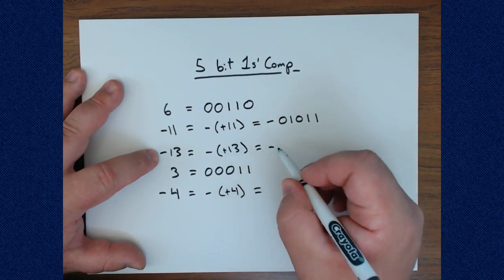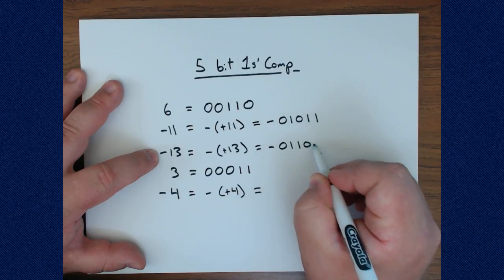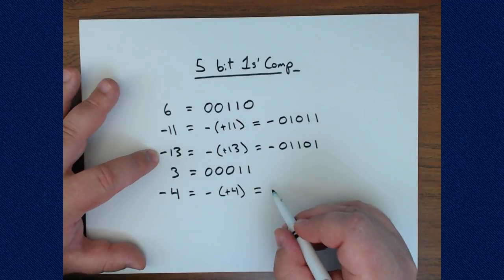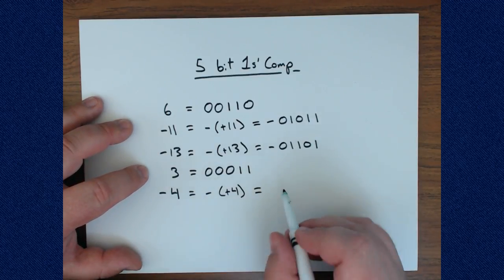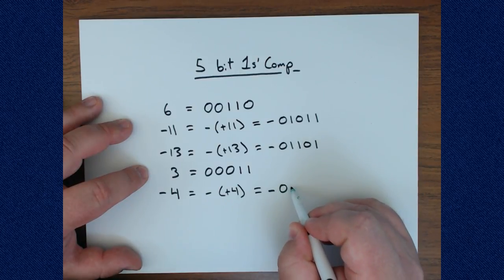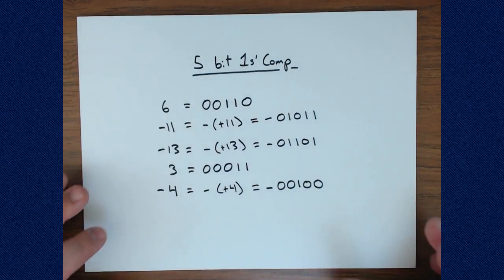Negative 13, well, that'll be no 16s. We'll need 8 plus 4 to get 12, and 1 more to get 13. Negative 4 is really the negation of positive 4, and 5-bit positive 4 is 0, 0, 1, 0, 0. So now we're almost done.